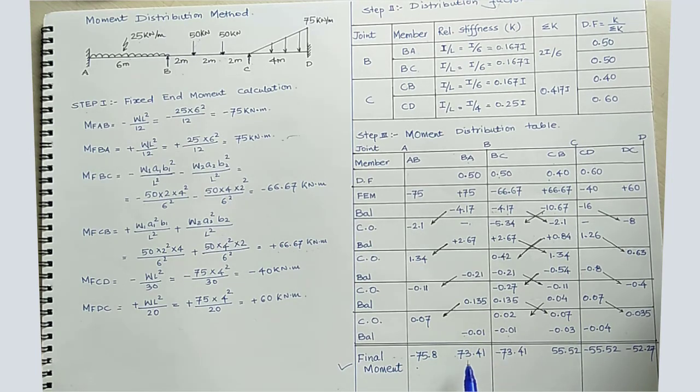And if you see both values at joint B, they have the same magnitude with opposite sign. So this means the sum of the moments at joint B is equal to 0, and that justifies the equilibrium condition. The sum of the moments at a joint must be equal to 0.